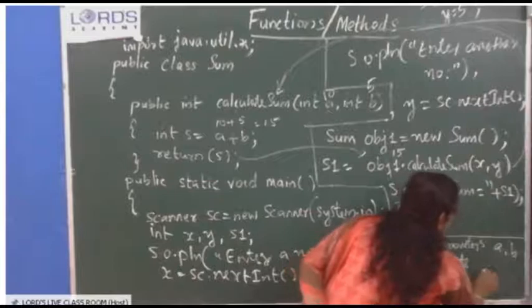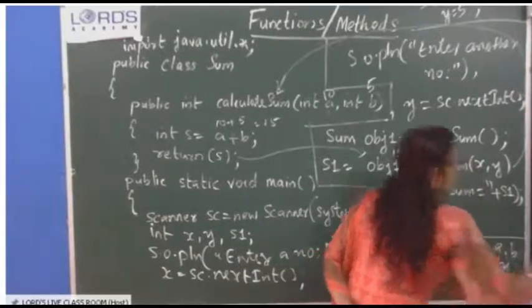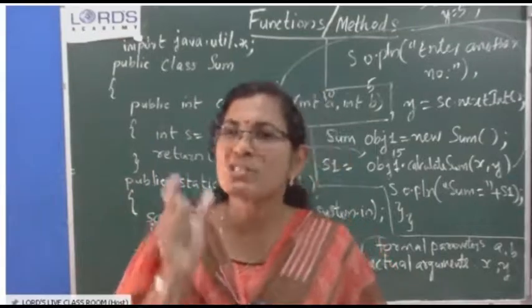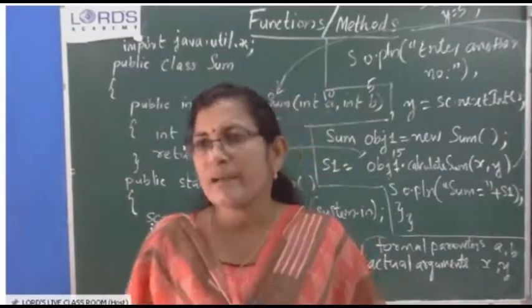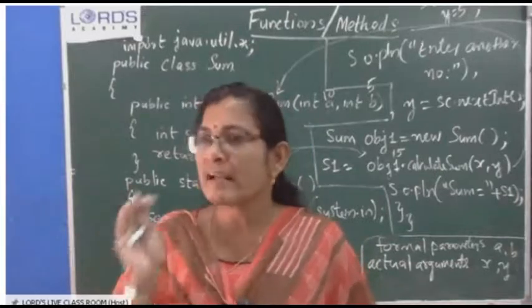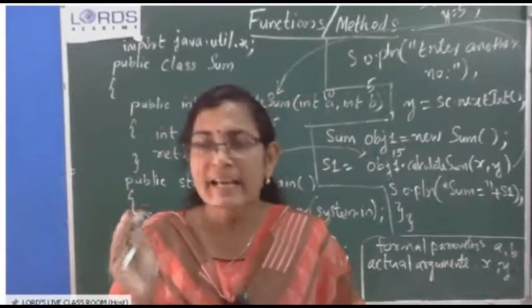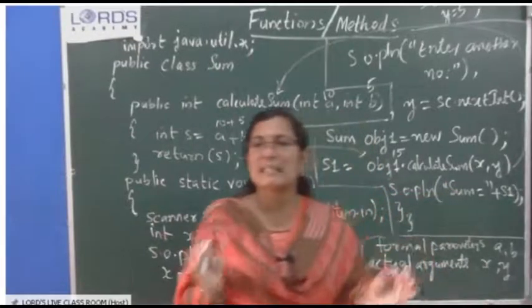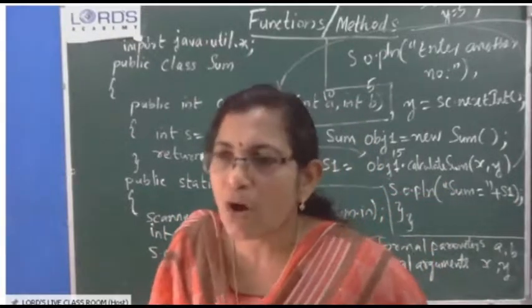Actual arguments are X comma Y. Actual arguments means the variables used at the function call. When you call a method, the variables used in that statement are known as actual parameters, which contain the real value to be processed.